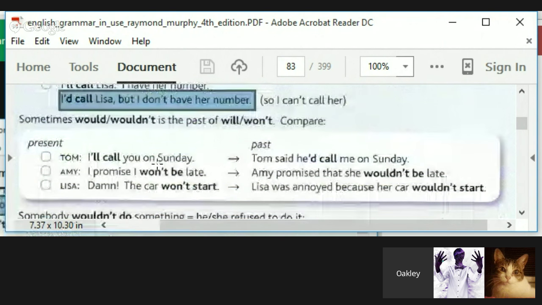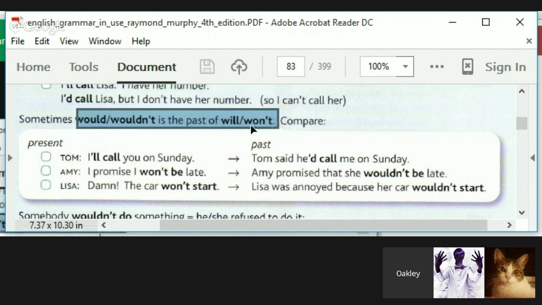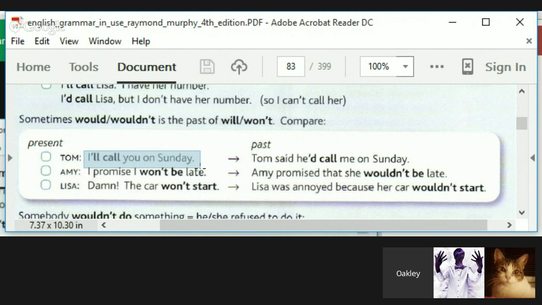Okay, sometimes. Now, all that said, sometimes would or negative wouldn't is the past of will and won't. Let me show you by examples. Let's look at the examples and then talk about it. I'll call you on Sunday, is what Tom actually said.